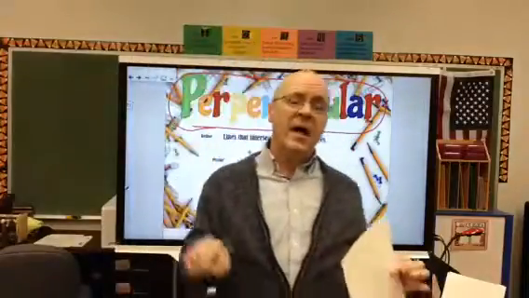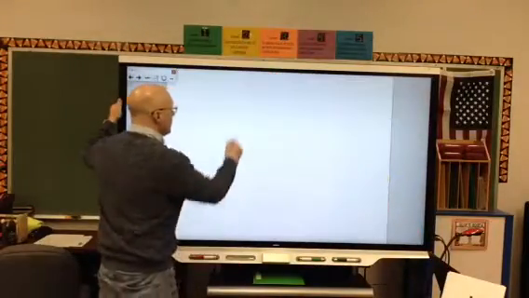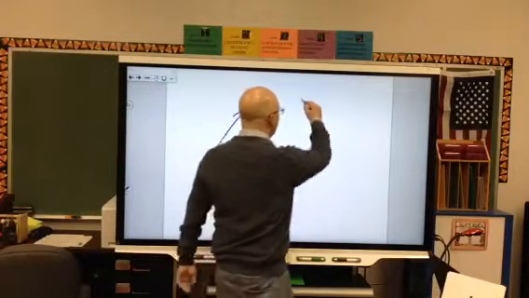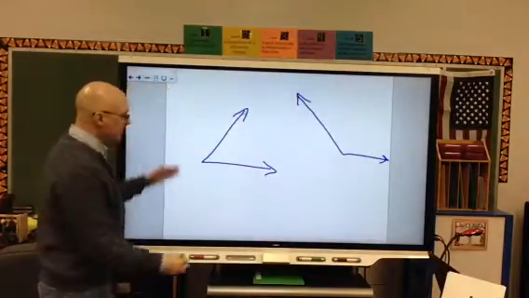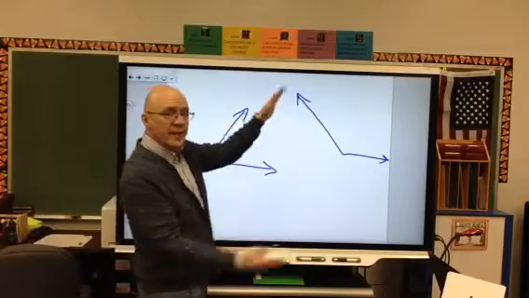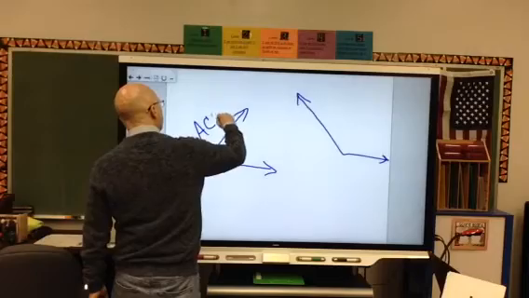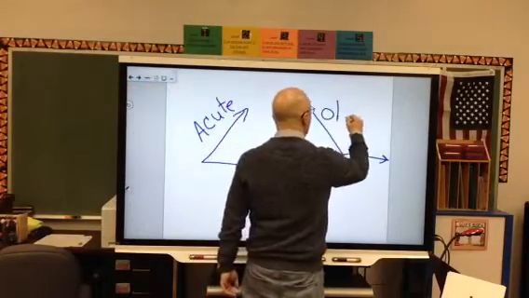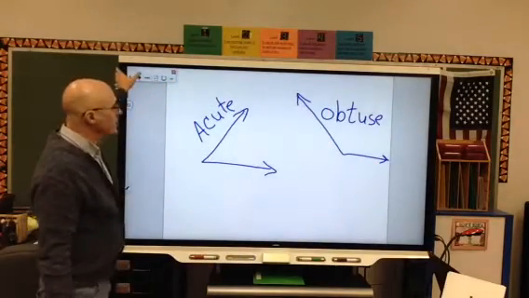It's like the side of a piece of paper or a box. For example, this is not a 90-degree angle, and this is not a 90-degree angle. See how this is smaller than 90 degrees, and this one's larger than 90 degrees. This is actually called an acute angle, and this is called an obtuse angle. And we may or may not get to those in more depth.